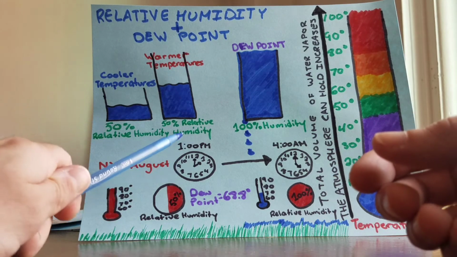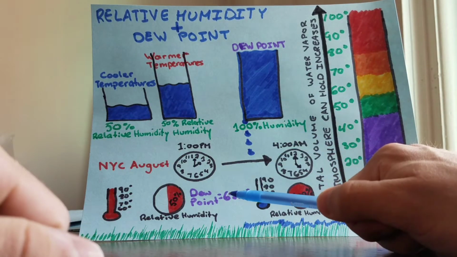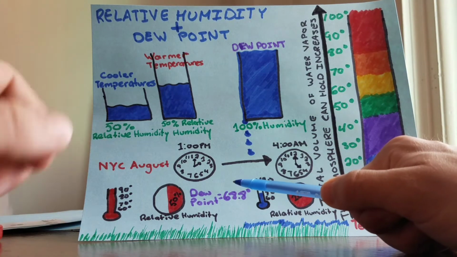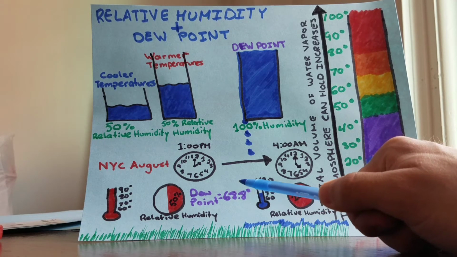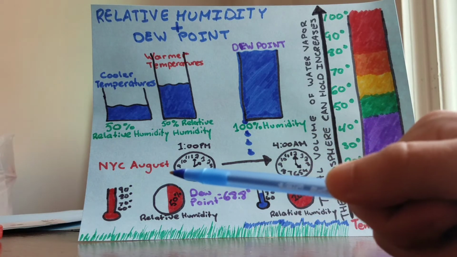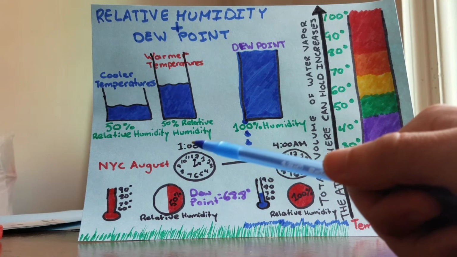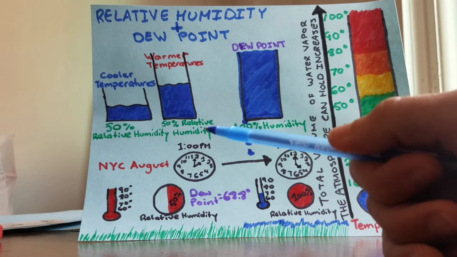So let's say it's 1 in the afternoon, it's 50% relative humidity, it's 90 degrees. That would mean, and you can look this up online, there's dew point calculators, that if 68 degrees was hit rapidly right after this 90 degrees, boom, the relative humidity would now be at 100%. That water would start converting back into a liquid form.